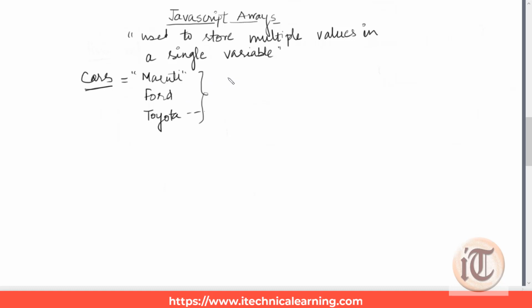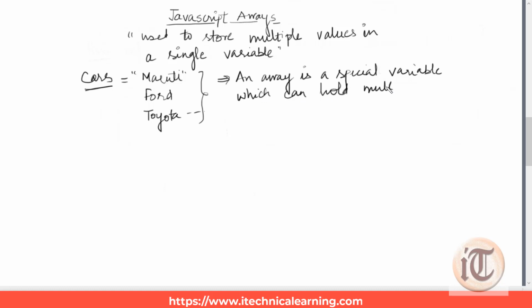As per the definition, an array is a special variable which can hold multiple values at a time.